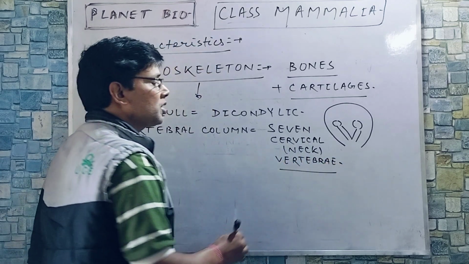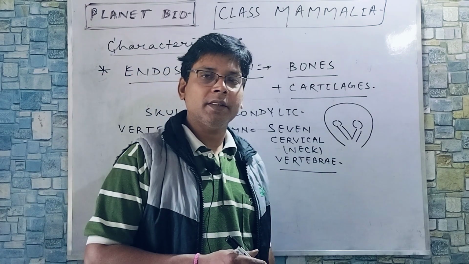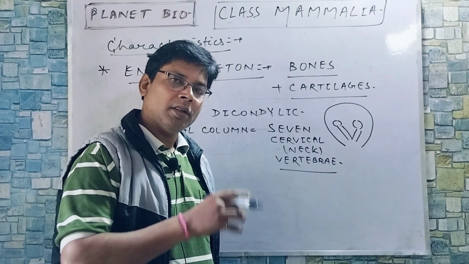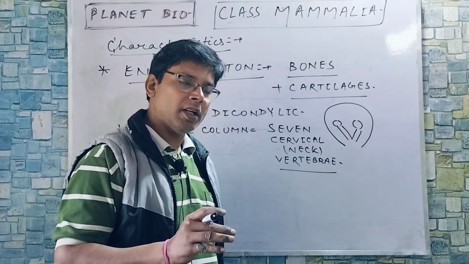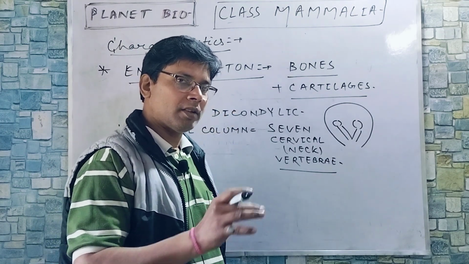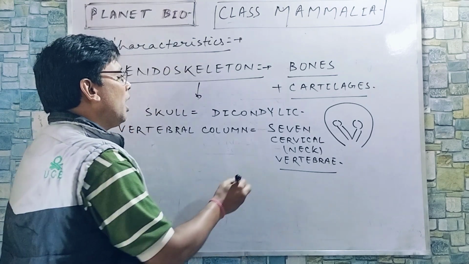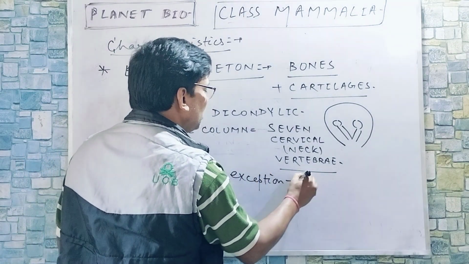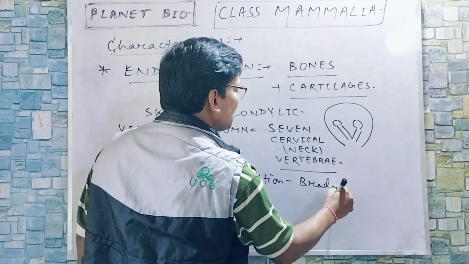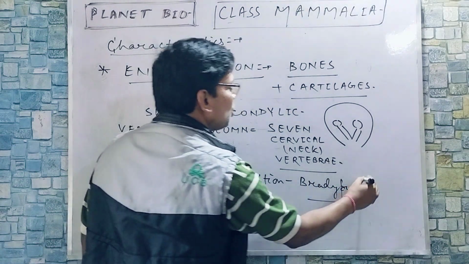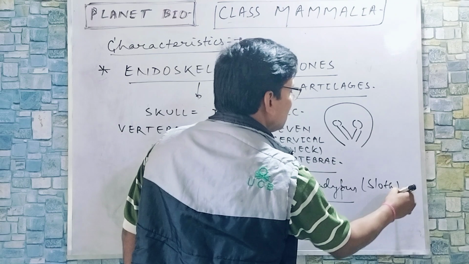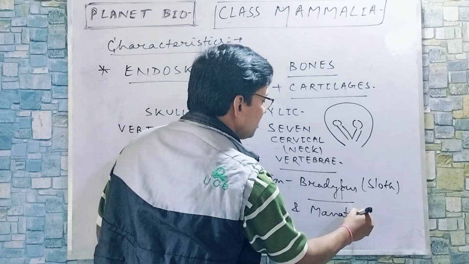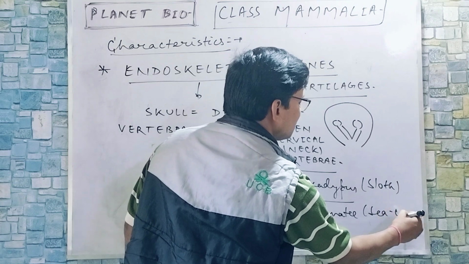What about giraffe? Giraffe has the longest neck. That also includes 7 cervical vertebrae. The number remains the same, but the size may differ. That is longer. And exceptions you can see: Bradypus, that is sloth, a mammal, and manatee, that is sea cow.